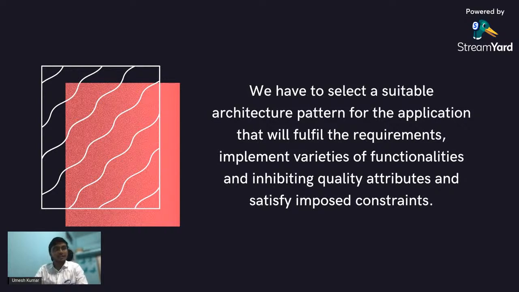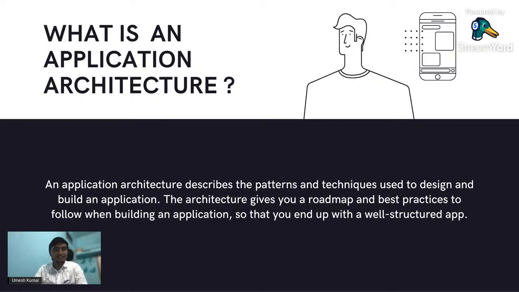Then you might be wondering, what is application architecture? Basically, application architecture is a structural roadmap, or we can say a structure which needs to be followed throughout the process while building the app and developing the whole data sets and other features.